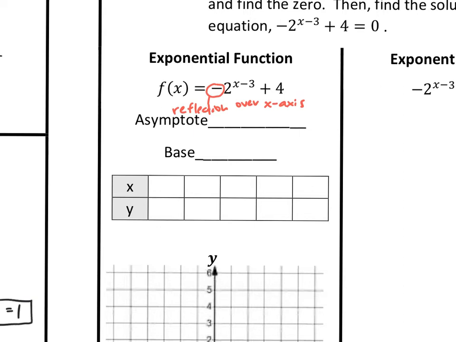Okay. Then we have x minus 3. X minus 3, that means we're going to move to the right 3 spaces. And then the plus 4 means we're going to move up. So I'm kind of color coding things here.